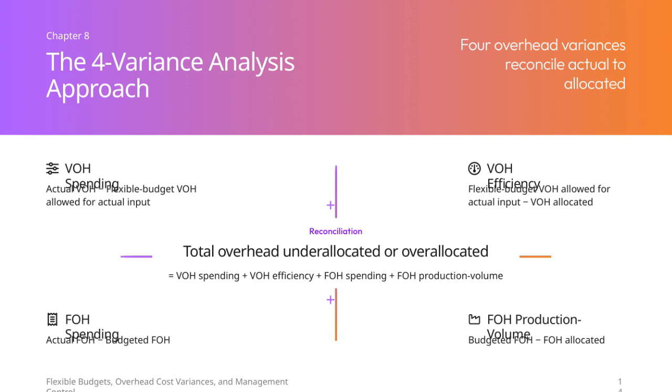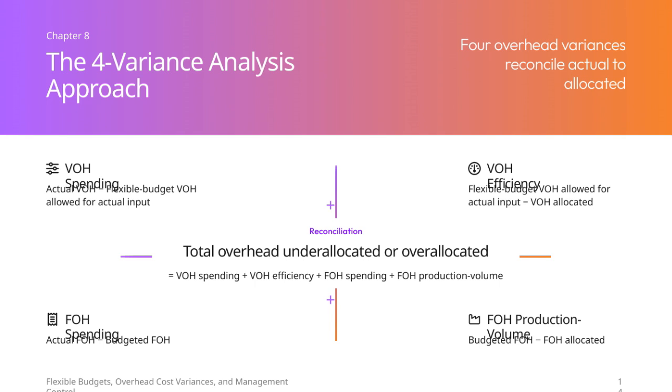Essentially, it tells us if we spent more or less on variable overhead than expected for the amount of activity. Next, we have the variable overhead efficiency variance. This compares the flexible budget allowance based on actual input to the overhead allocated, highlighting how efficiently the inputs were used relative to the budgeted amount.